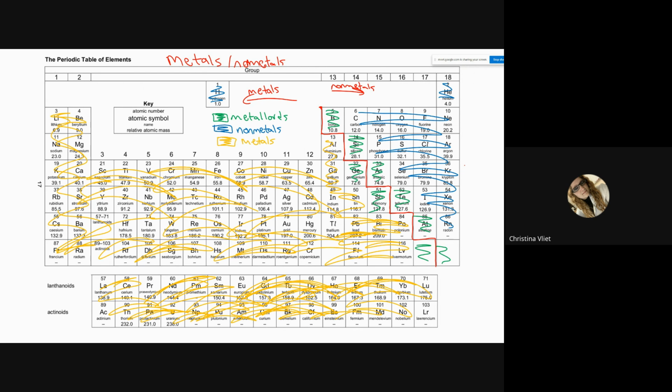We'll talk about that next class. That's where we're going. All of these, livermorium, and the rest, too.